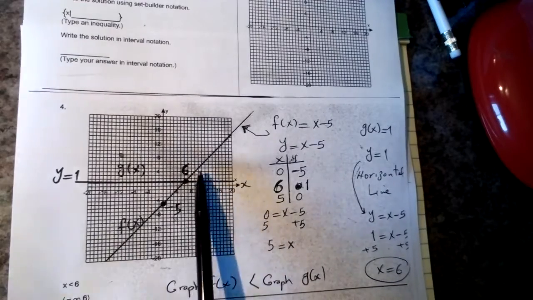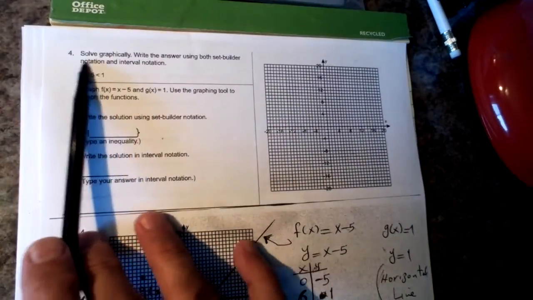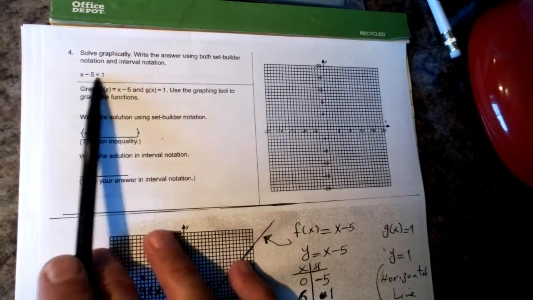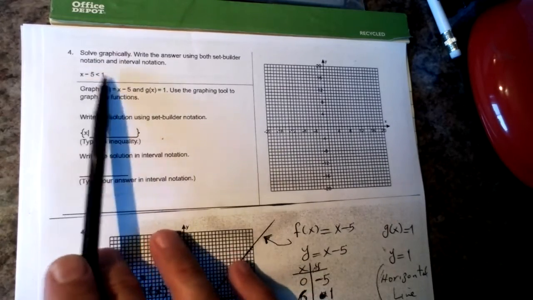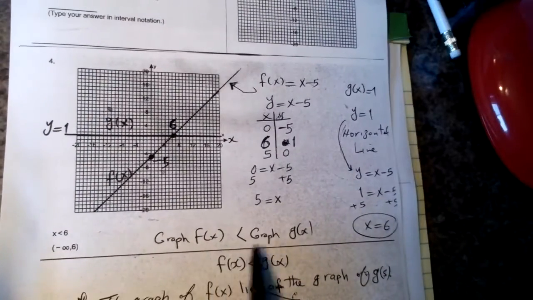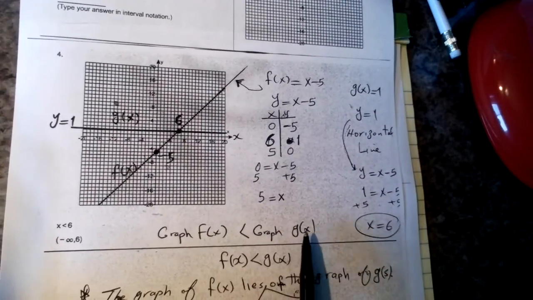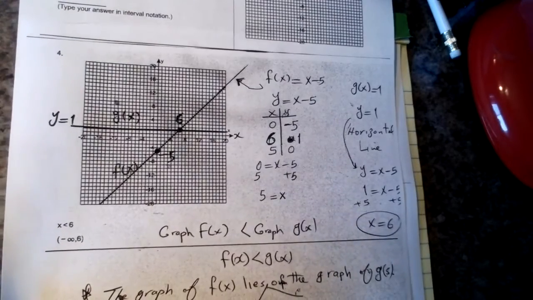So now, in the original problem, we say that f of x, which is x minus 5, is less than g of x, meaning this side is less than the other side. Since f of x is less than g of x, you have to look at the graph.